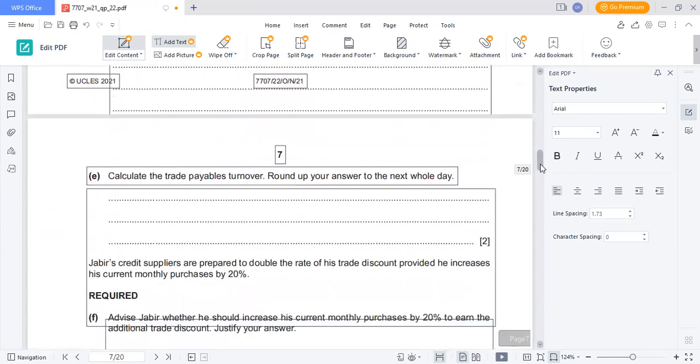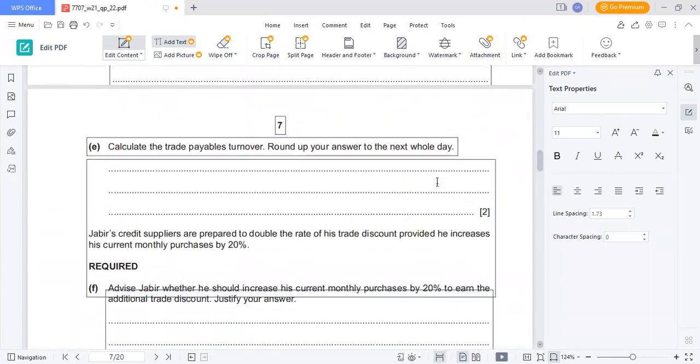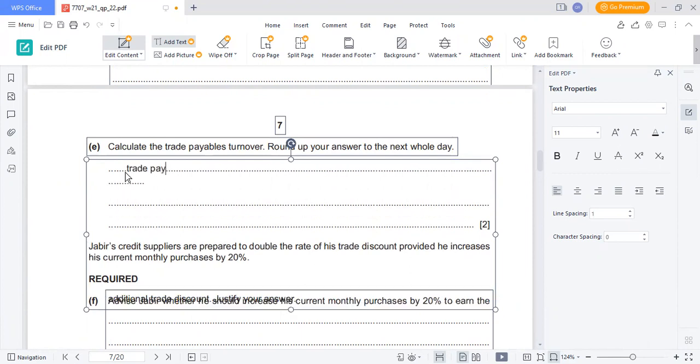Okay. E part is calculate the trade payables turnover. So trade payables turnover means trade payables divided by credit purchases multiplied by 365. Trade payables divided by purchases. If purchases aren't available, we can divide it by cost of sales, multiply by 365.